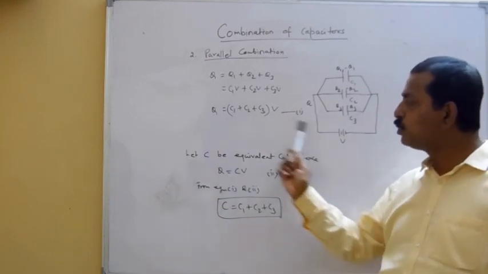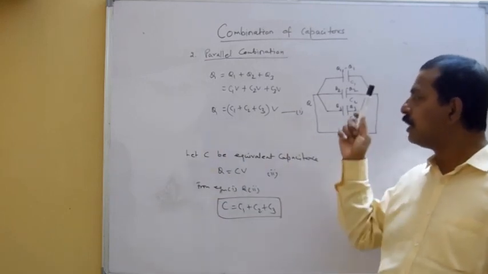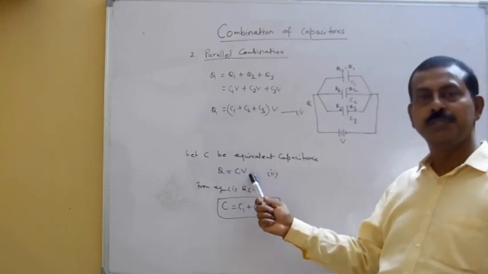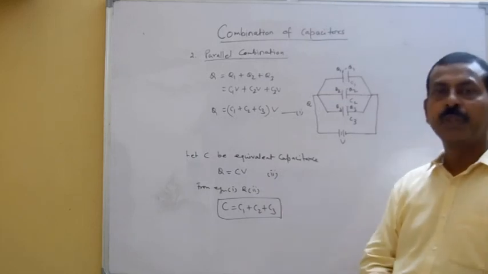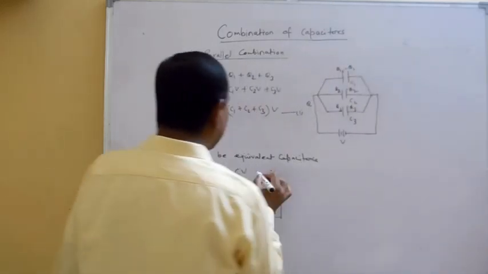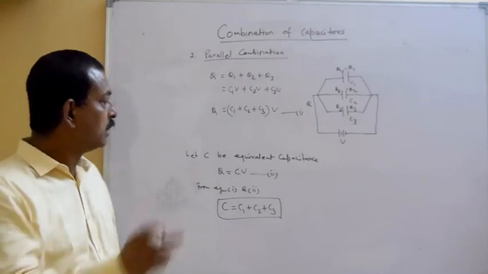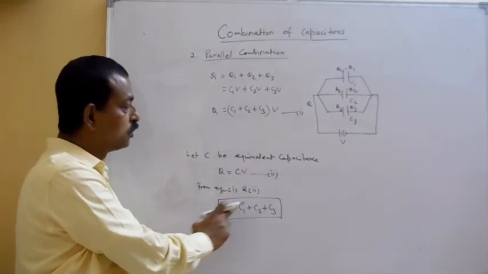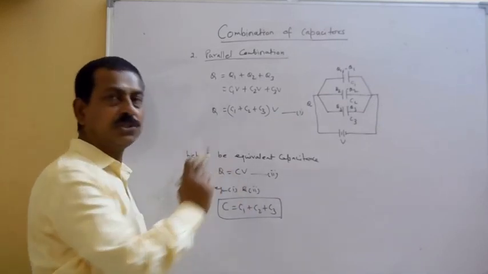And suppose C is the equivalent capacitance of the network, so we can write Q equals CV. Let it be equation 2. If we now compare equation 1 and equation 2, we can write C equals C1 plus C2 plus C3.